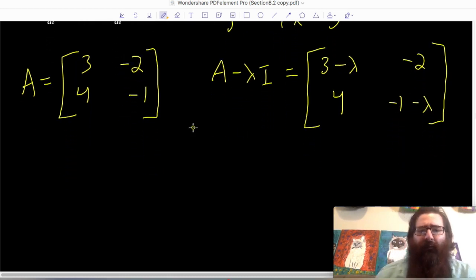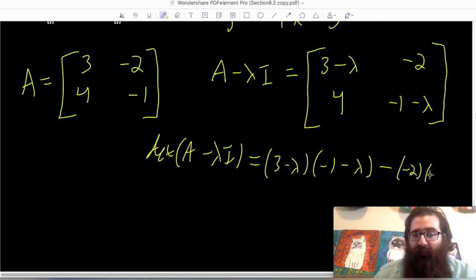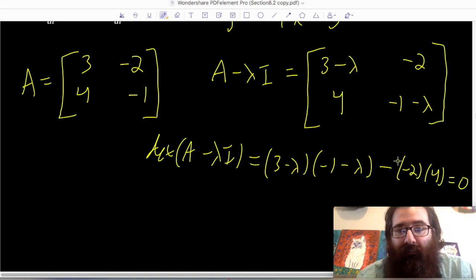And here we want to find the determinant of A minus lambda I. So multiplying on the main diagonal, we have 3 minus lambda in parentheses times -1 minus lambda. Then we want to subtract the product on the off diagonal, so that's -2 times 4, and set that equal to 0. We're forcing that determinant equal to 0.